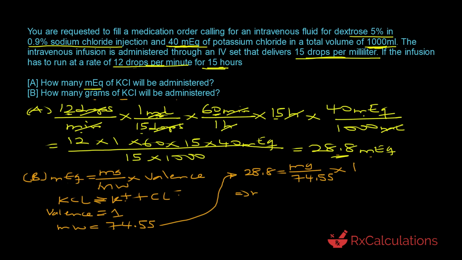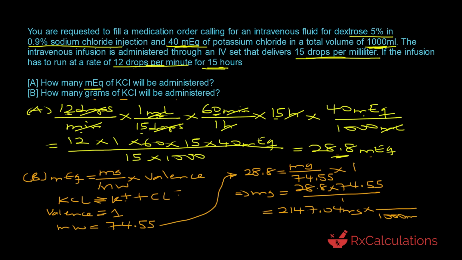And so now you have milligrams being equal to 28.8 times 74.55 divided by 1, and that's going to be equal to 2,147.04 milligrams. But we need to convert this to grams, so you multiply this by the conversion factor, that 1,000 milligrams is 1 gram. So the milligrams cancels out, and you end up with essentially 2.15 grams.